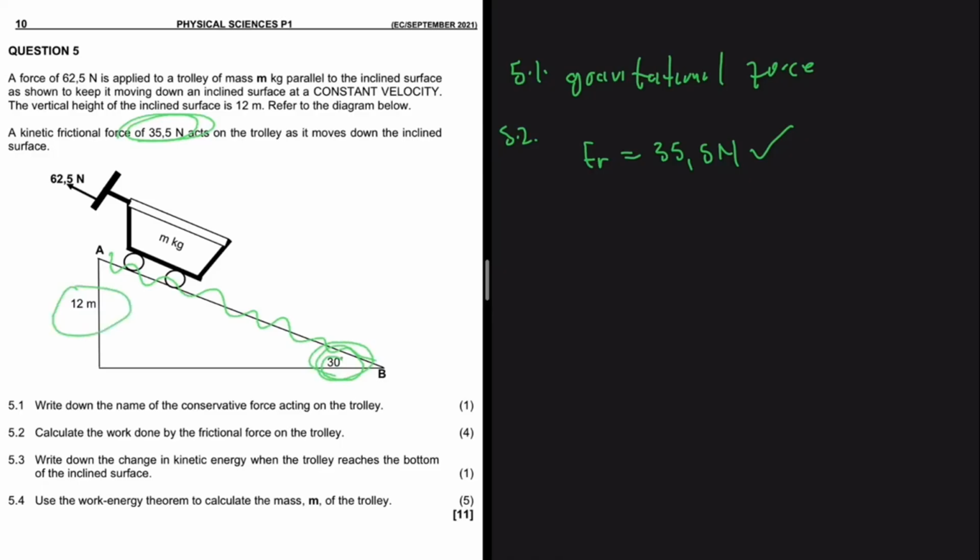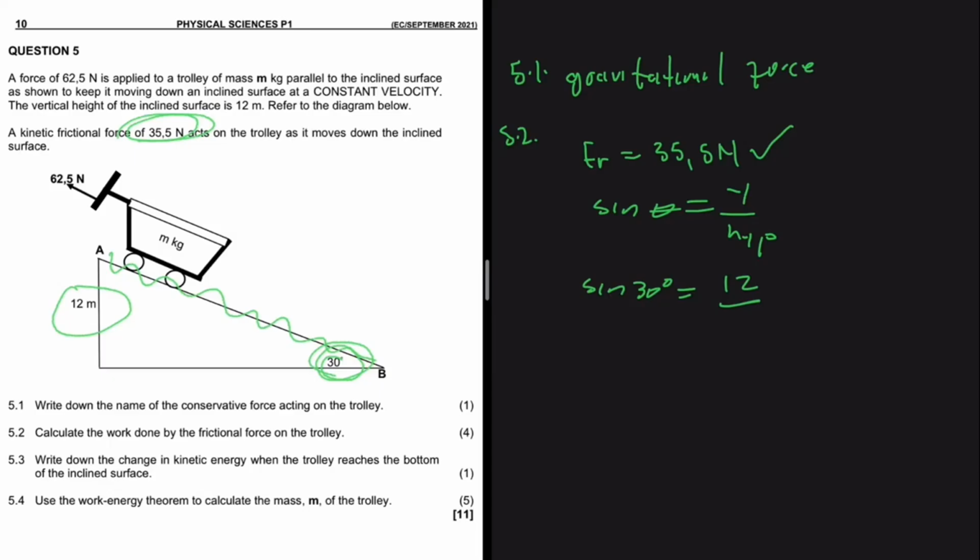We can say that sine of theta is equal to y divided by the hypotenuse. In this instance, we know the angle. We know that sine of 30 degrees is equal to y, our height, which is 12 meters, divided by the length of the incline.